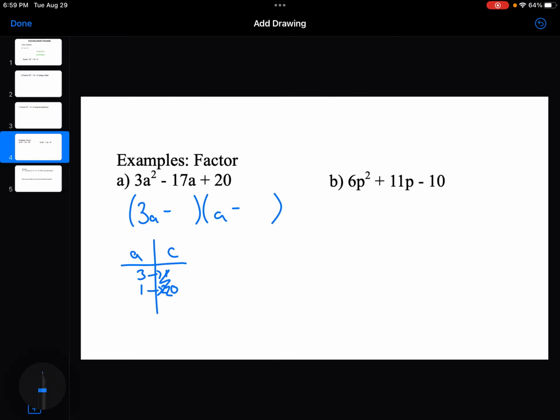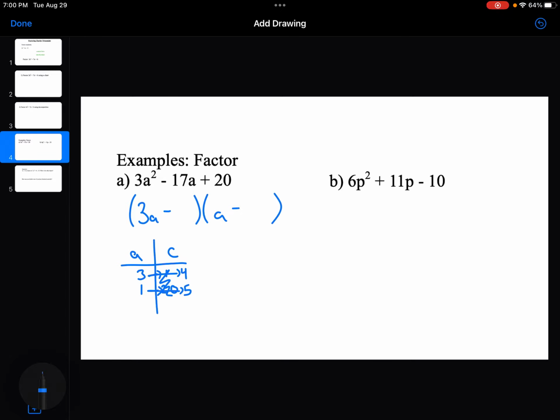So then we're going to have to move on to new values that multiply to 20 and add to negative 17. So what if I tried 4 and 5? Well, 3 times 4 is 12, plus 1 times 5 is going to be 5. 12 plus 5 is 17. Well, that works.